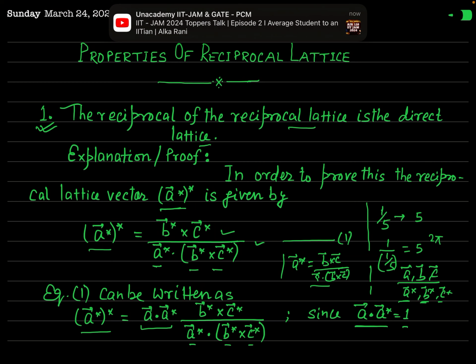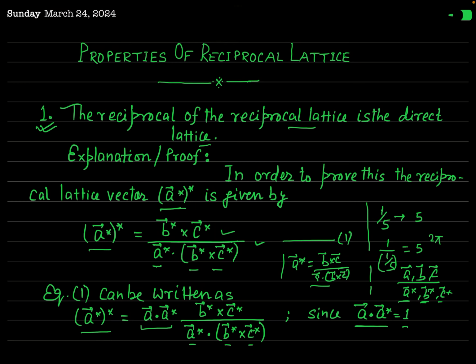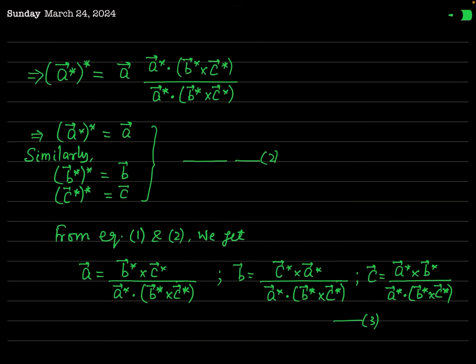Now, according to the definition of a scalar product, this right-hand side can be written in this fashion. You can see A star star can be written as A times A star dot B star cross C star over A star dot B star cross C star.